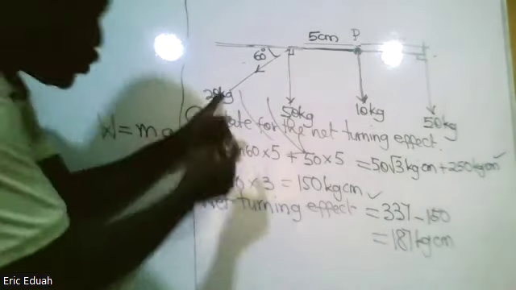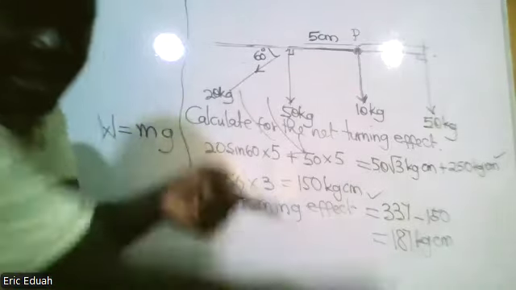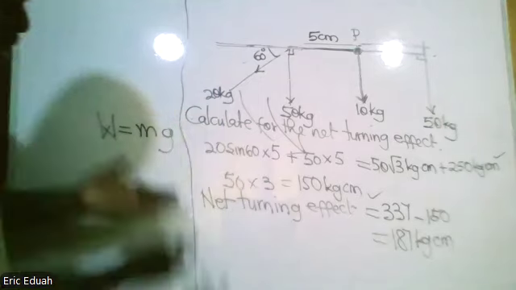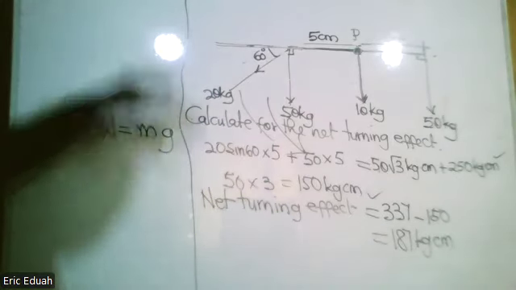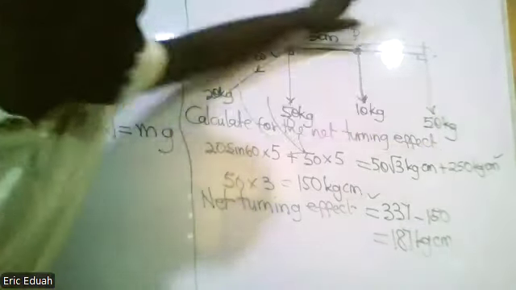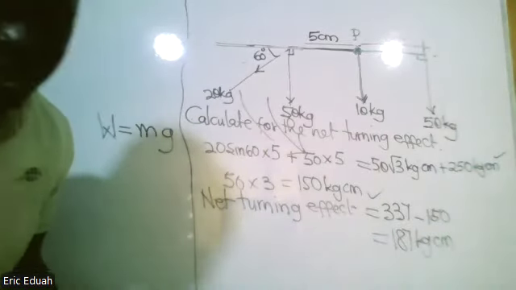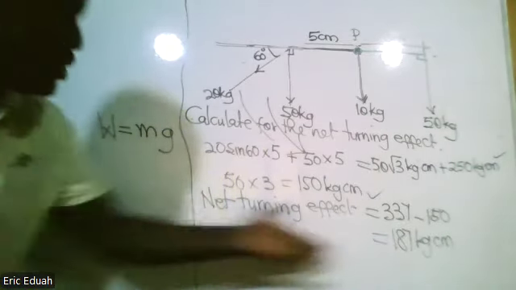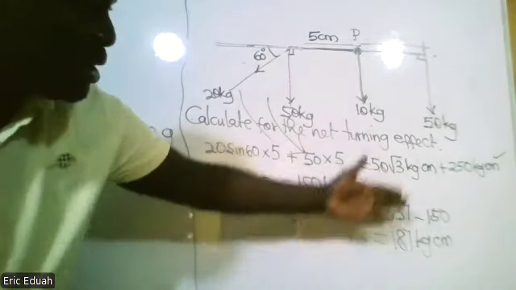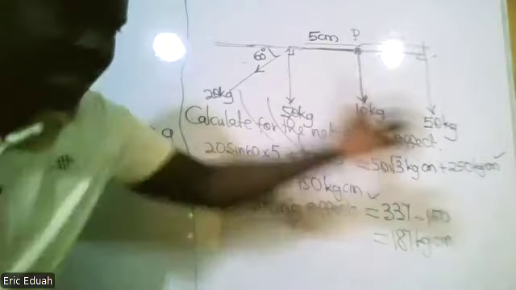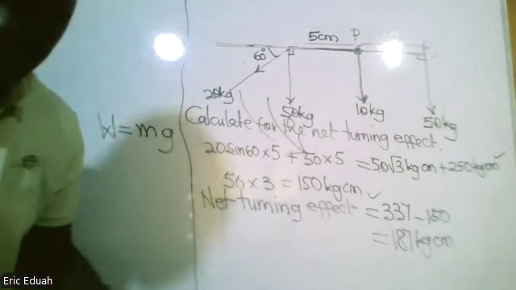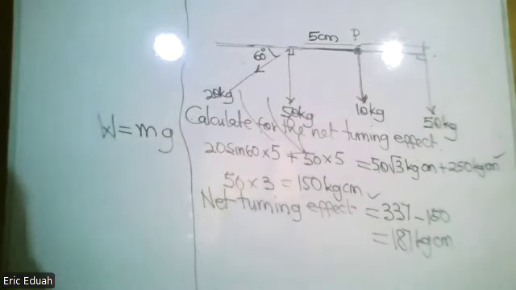So you can always switch from weights and masses to forces. You can express each one as a force or weight and use it to calculate. In that sense, it will become Newton centimeter when you multiply by gravity. Please, is that okay?